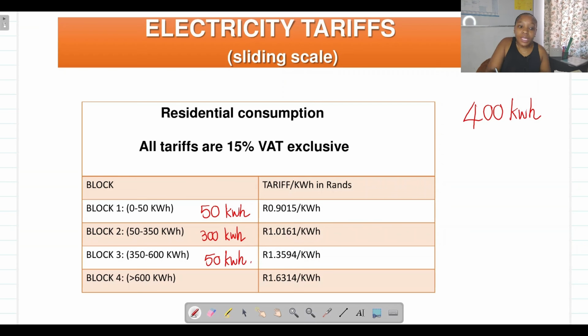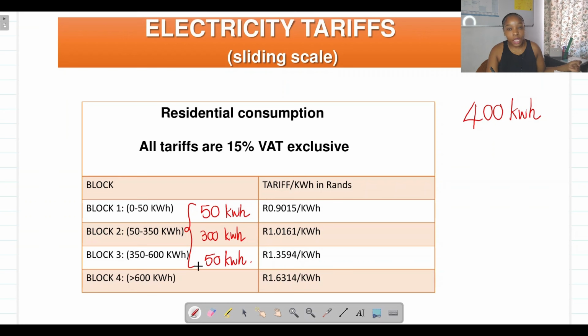Okay, so in this case, we're not going to use the full 250 like we did in the previous example that I did with you guys. We're only going to use the 50, because when we add up all these units, they need to take us to 400 kilowatt hours of electricity.